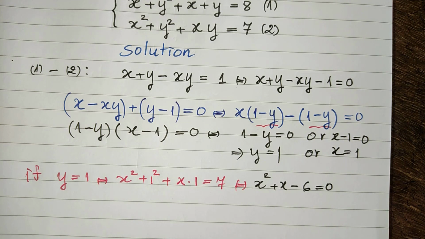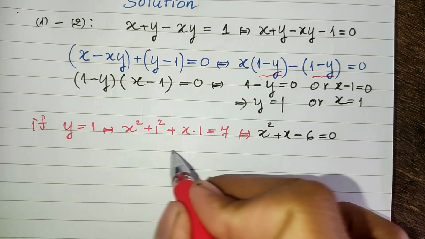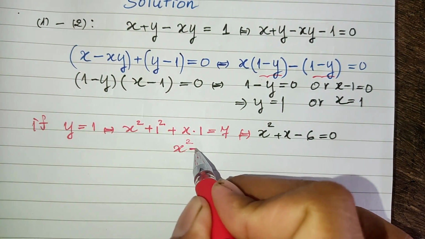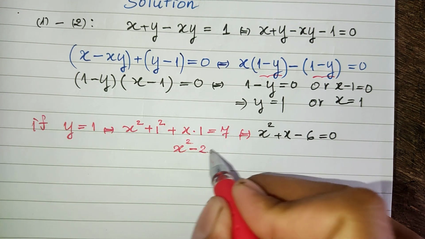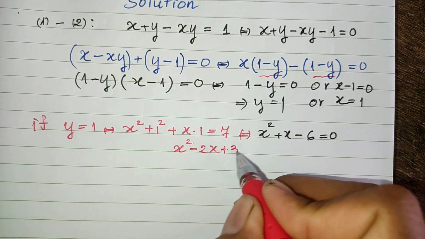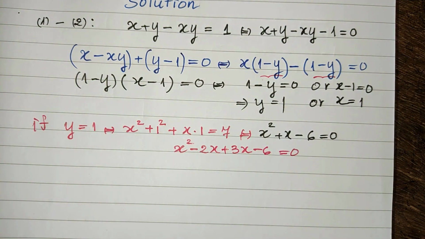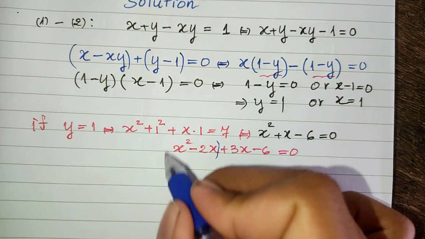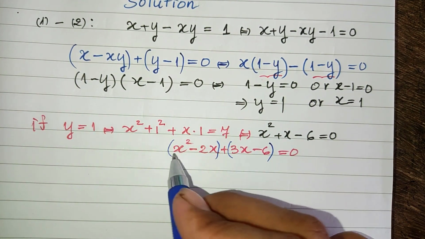Now we can factor this. We can write x squared minus 2x plus 3x minus 6 equals 0. Now we group this, and take x out as a factor.